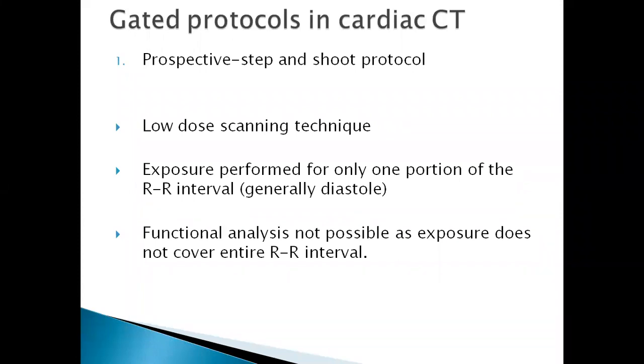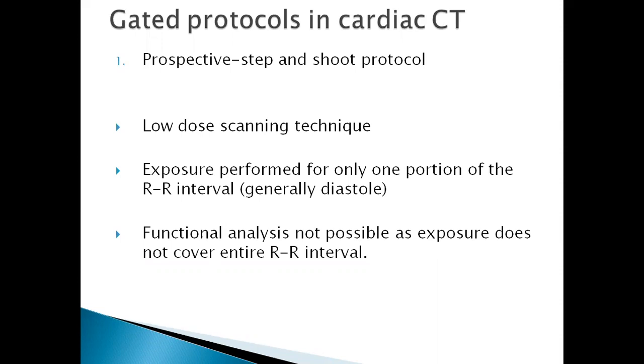In this, it will only scan during diastole, pause during systole, continue during diastole, pause during systole, just like that. So when you're scanning, you hear a scanning sound, pause, scanning sound, pause, just like that. Because of this, it provides a lower dose than the retrospective.